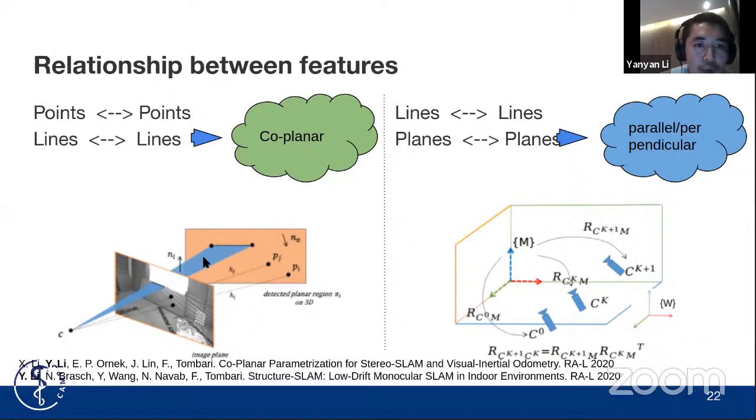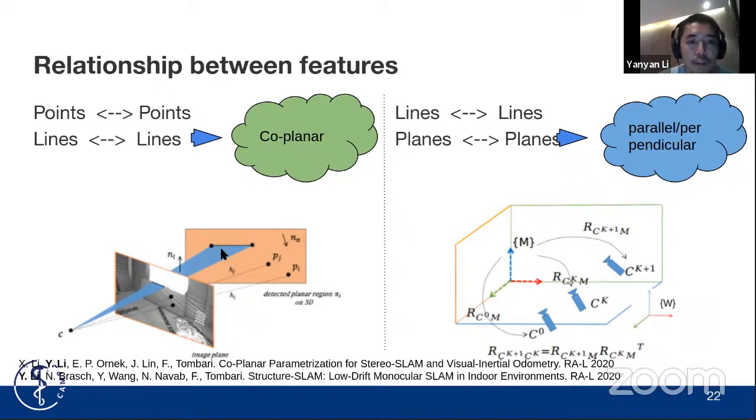So we can use those two normals to compute the direction normal of this plane. This is a way to represent lines based on the parameters of the plane and also the 2D information of the line.